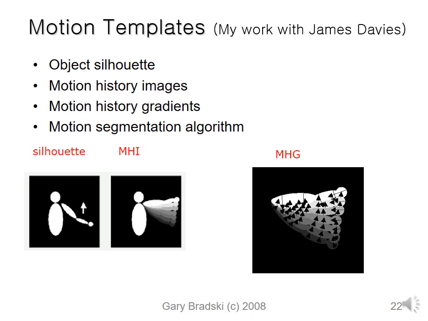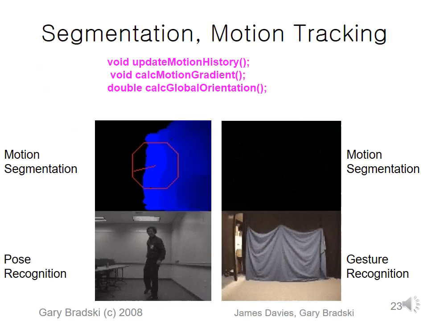Then the motion segmentation algorithm is applied using these images. Using update motion history, calc motion gradient and calc global orientation, motion can be segmented and the pose can be recognized.